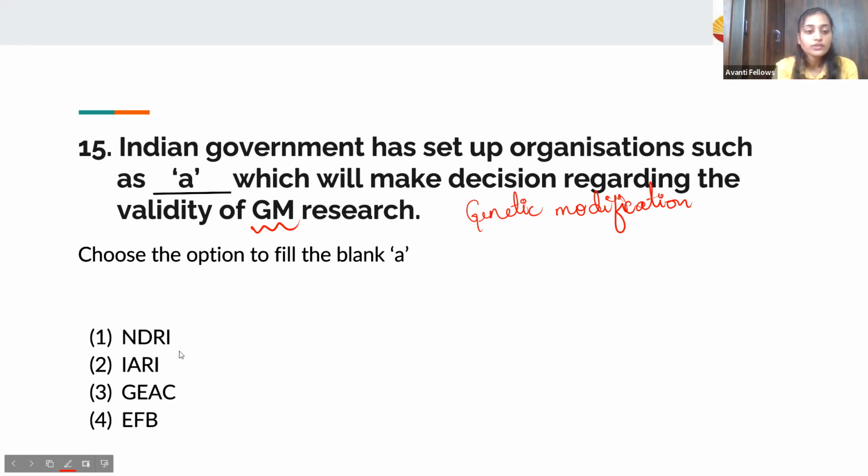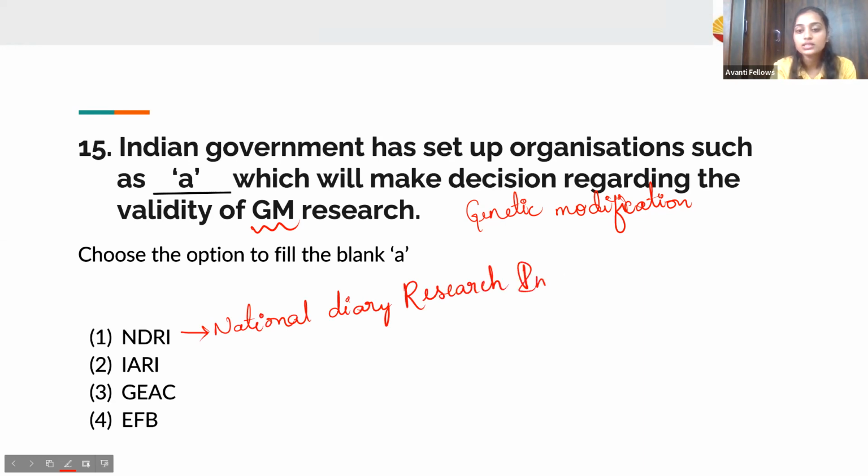The first option is NDRI. NDRI is the National Dairy Research Institute, which takes care of dairy products and the management of dairy product producing animals.